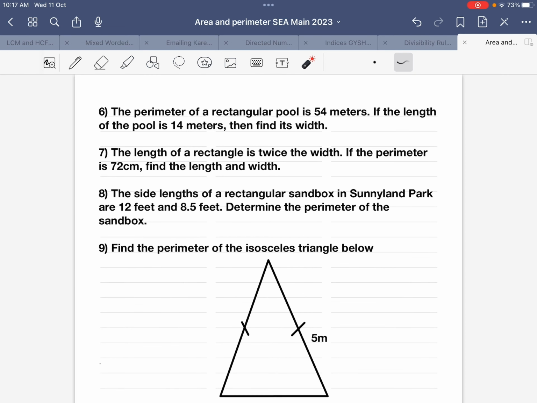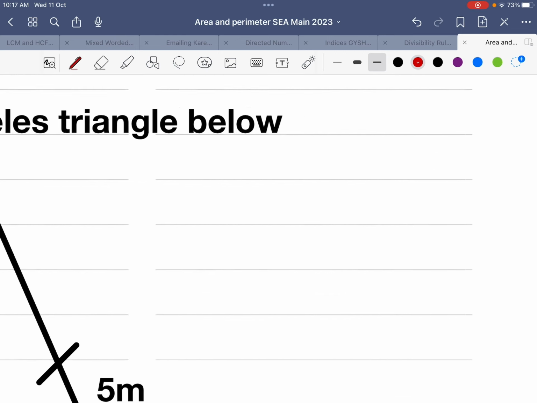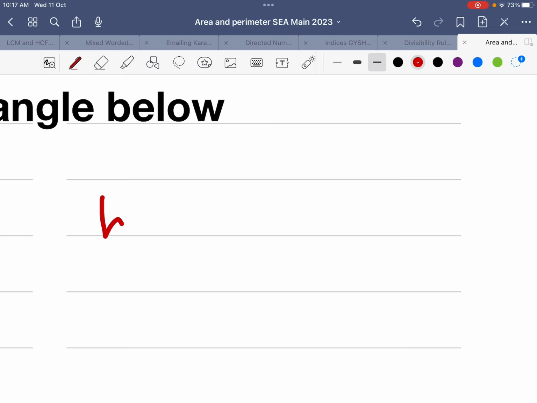We are given the perimeter, and we are given the length, and we must find the width. The formula for the width, given the perimeter and the length, width is equal to perimeter divided by 2 minus the length.